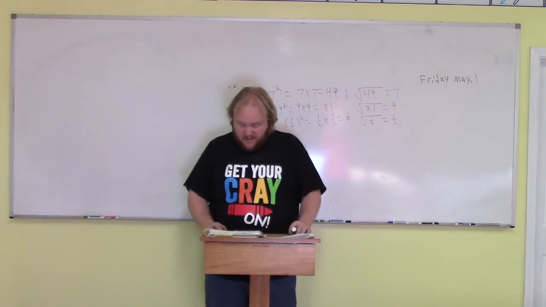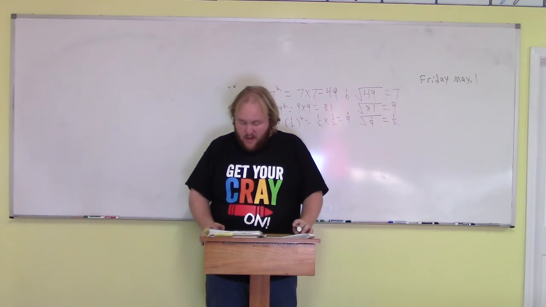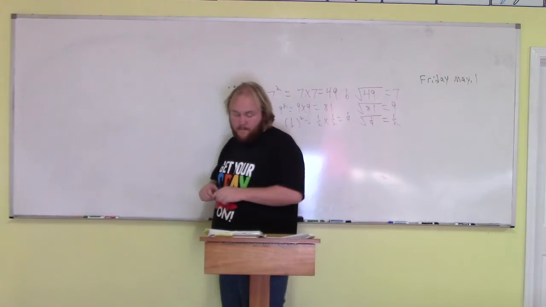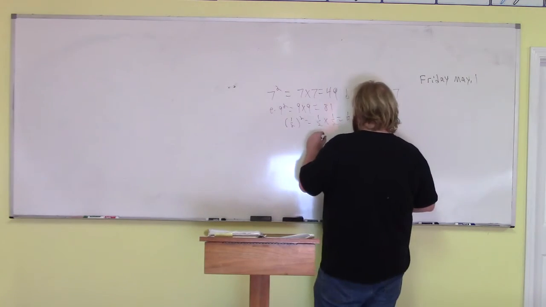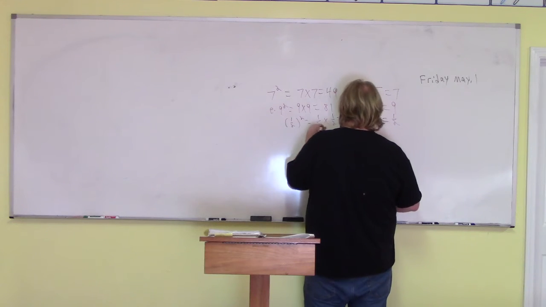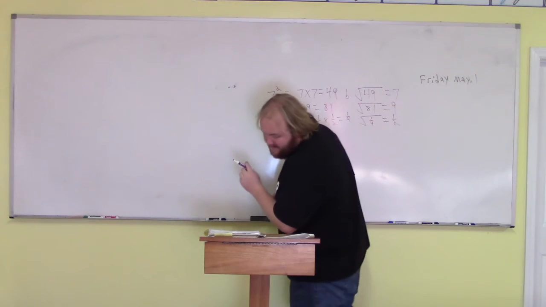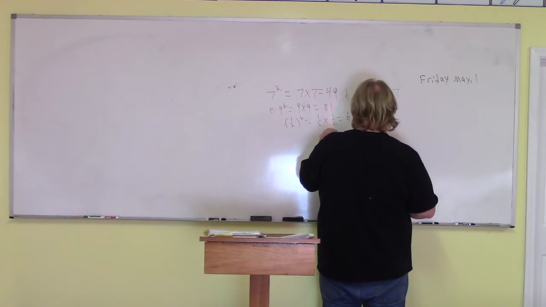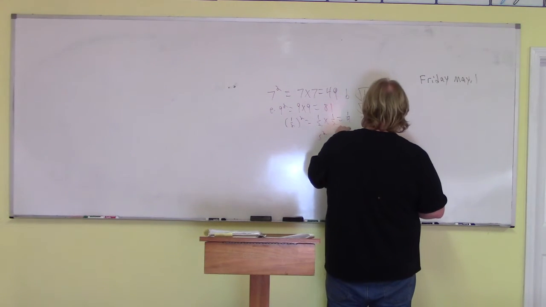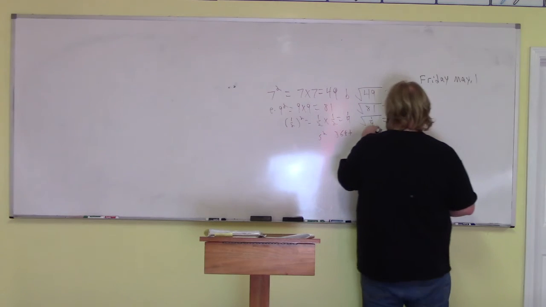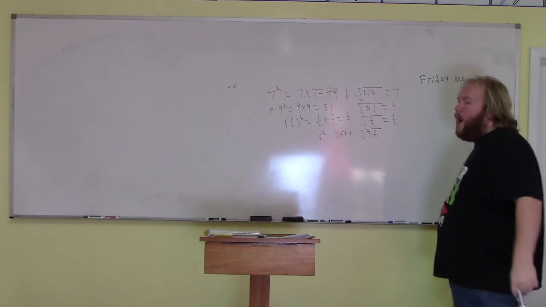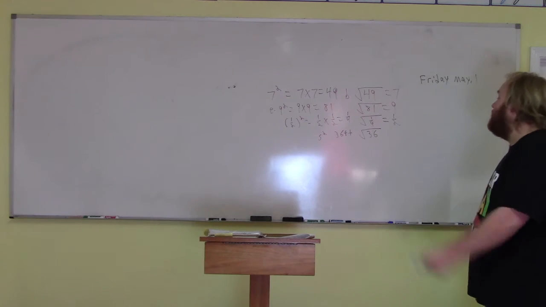Alright? So let's look at some story problems. The area of a square is 36 square feet. What is the length of each side? Remember, the formula for the area of a square is side squared. So if the area of the square is 36 feet, it's asking you what is the square root of 36. In other words, what number times itself equals 36?